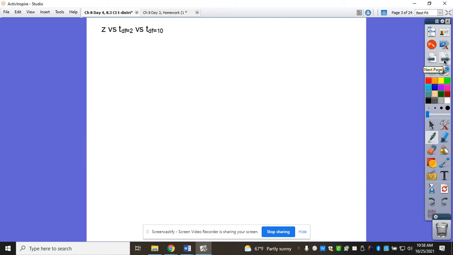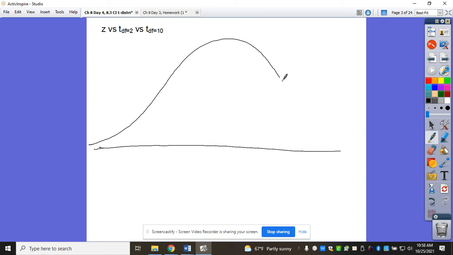And then I'm in that gap right below. Yours doesn't say that. Draw a curve right there. That is my z curve.